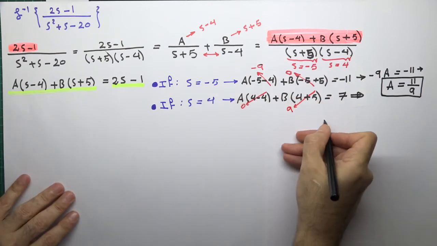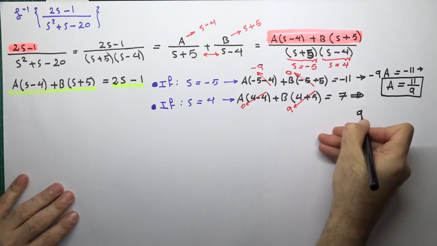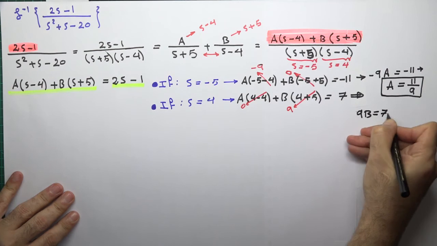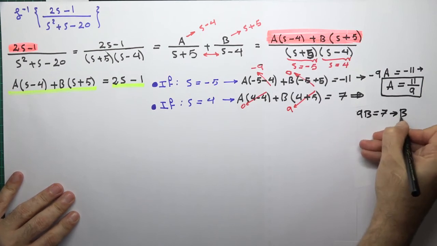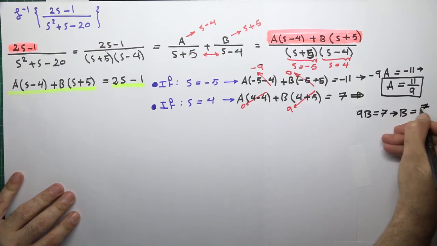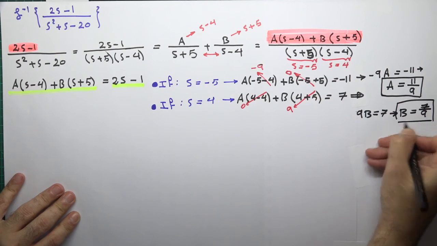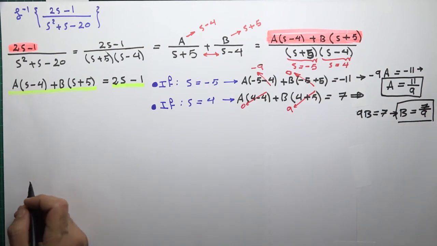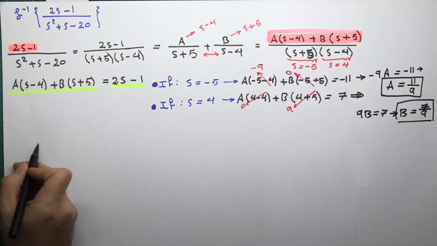So it will be 9B equals 7, which implies إنه B equals 7 over 9 أكيد. Okay. Now we have A and B. Now we are ready to find the inverse Laplace transform of this function.